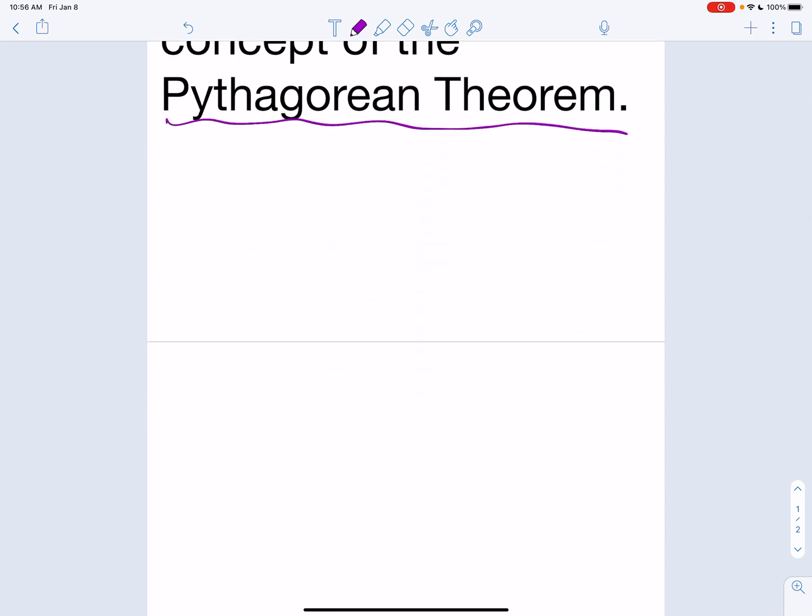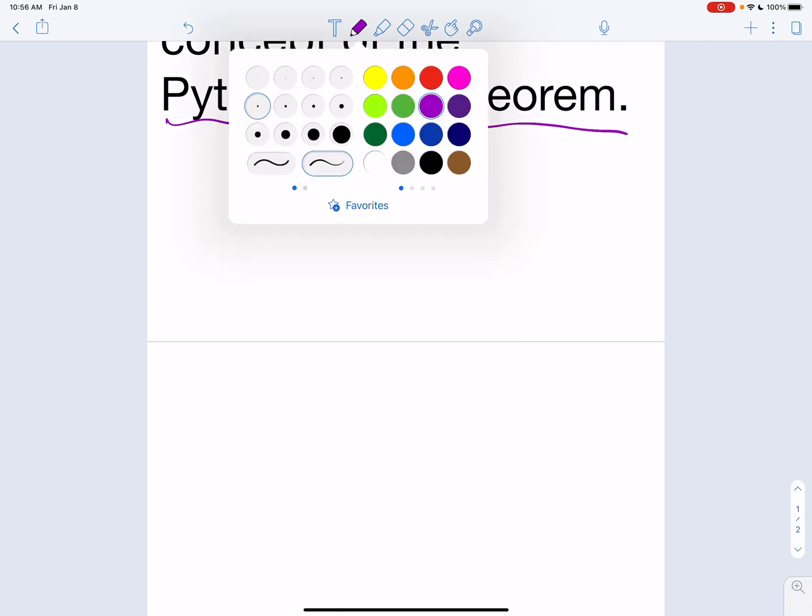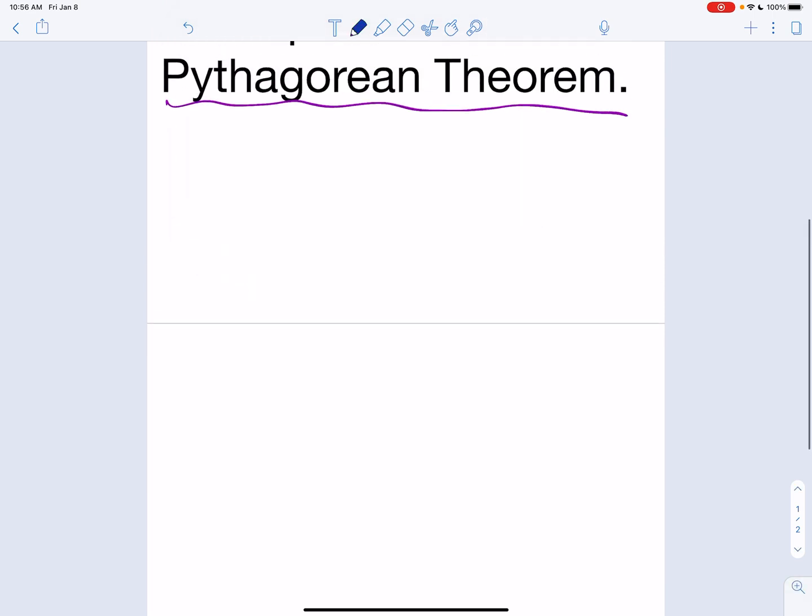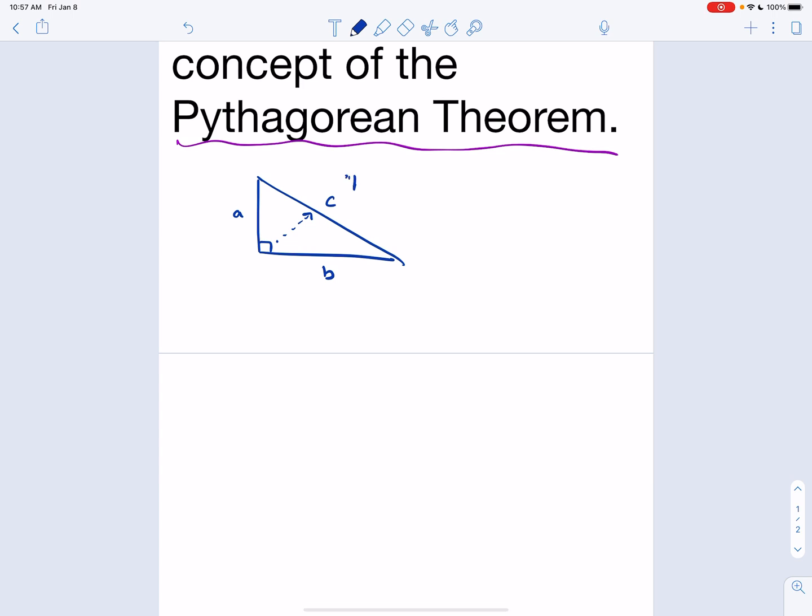So this mathematician, Pythagoras, noticed that there was a trend with the three sides of a triangle, specifically with a right triangle, okay? He basically said that given a right triangle, so you have to know that you're given a right triangle, this doesn't work for all triangles, but specifically right triangles, he labeled the sides A, B, and C. Now C serves as what he named the hypotenuse.